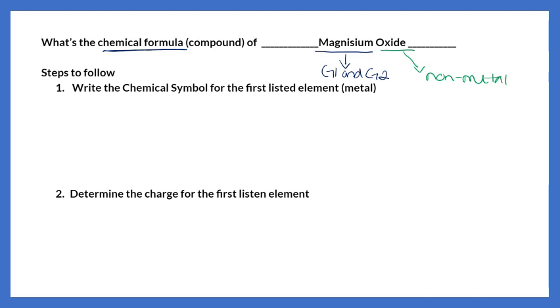Well, magnesium is Mg. Okay. The second step says to determine the charge for the first listed element. So Mg takes a +2 charge. You can find that on the periodic table.